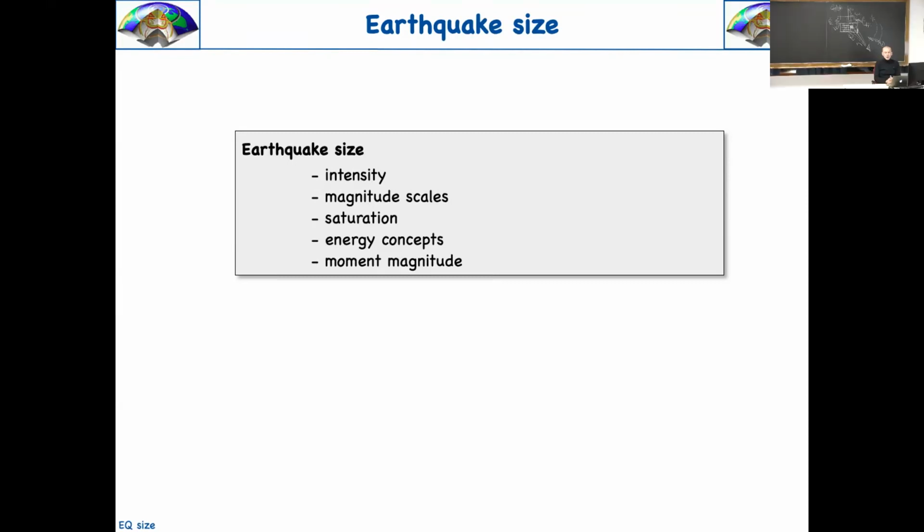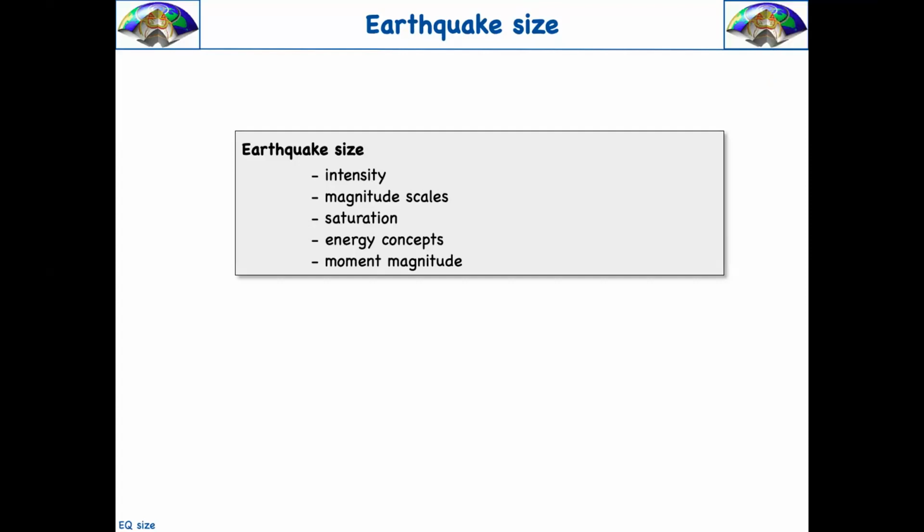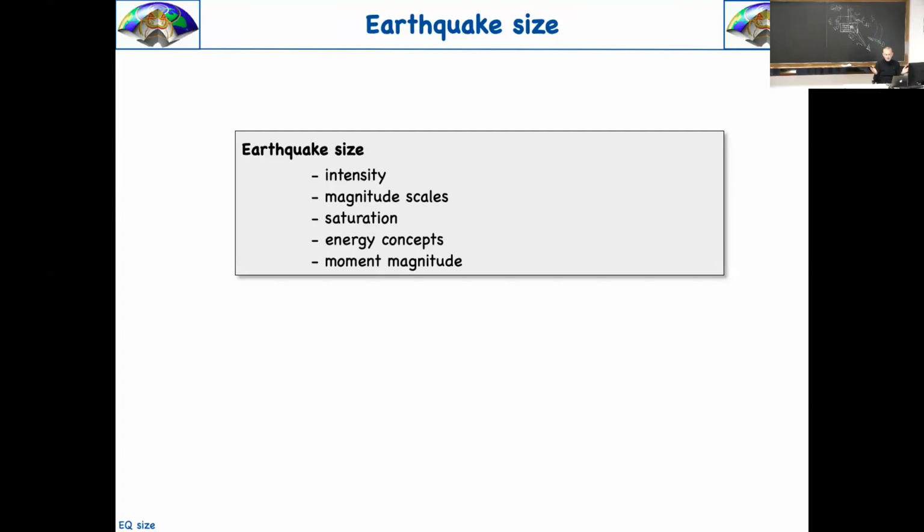Now, we discovered that instrumental seismology started, let's say, 1906, but real instrumental seismology started in 1920. Then the big development in the 1950s, 60s, 70s, and whatever. So please do remember that before, we cannot rely on seismograms.